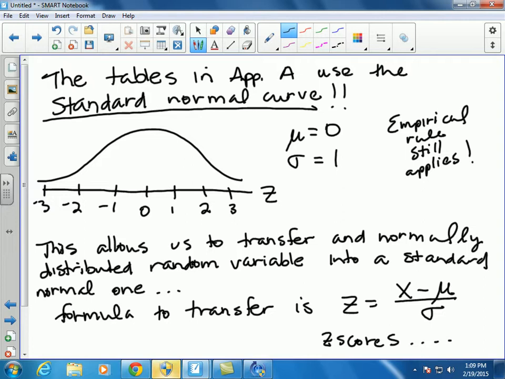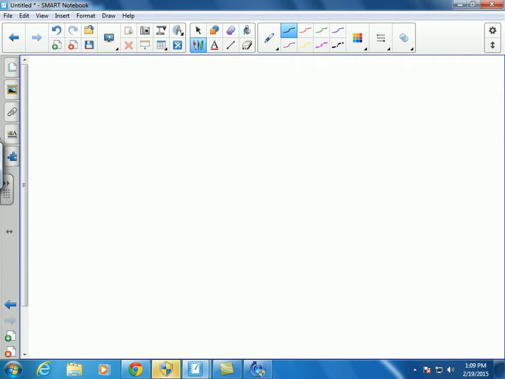So I want to prove to you that this works. I'm going to prove it using an example, which is really not a mathematical proof. It's an example, but hopefully you believe me that it works every single time and can be thought of like a proof.